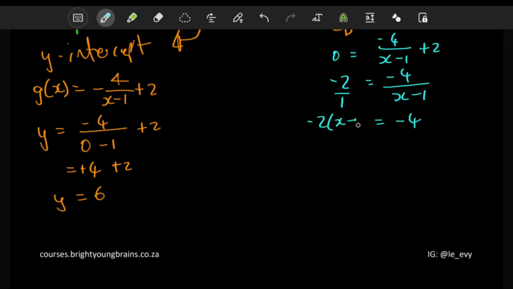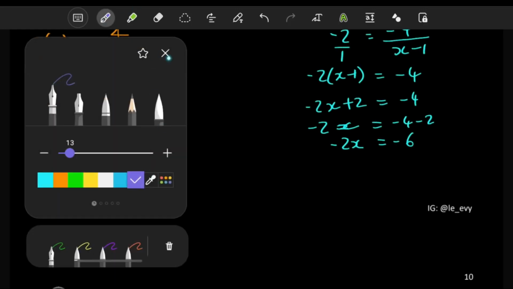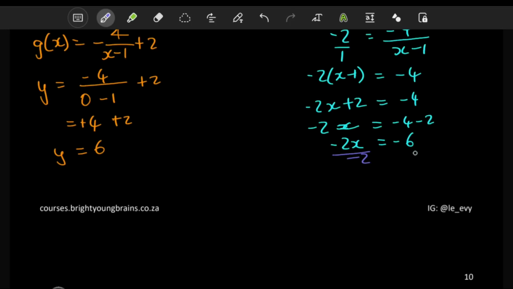Multiplying in the bracket, you have negative 2x plus 2. Because we want x on its own, take the 2 over: negative 4 minus 2 gives you negative 6. Dividing both sides by negative 2, x is a positive 3.